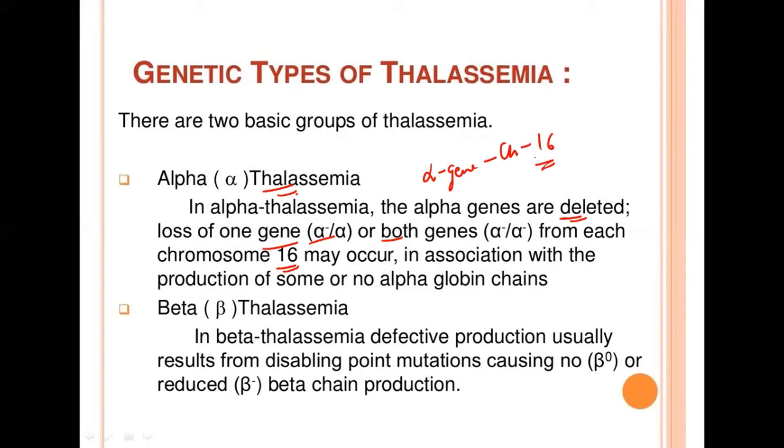So basically, the alpha globin chain is encoded by 4 alpha genes, right? So it is alpha 1, alpha 2, alpha 3, alpha 4, right? So we will discuss them one by one.